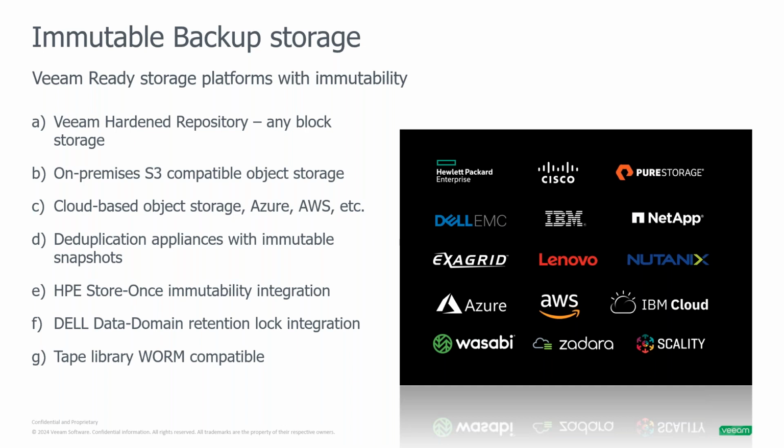But of course, you can also look at a tape library to provide WORM compatibility, meaning write once, read many times, so that it is able to complement the solutions coming from Veeam. So it gives you a breadth and depth of solutions that you can use for immutable storage.